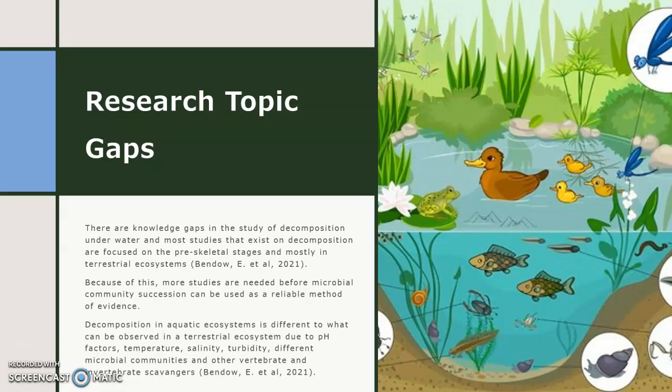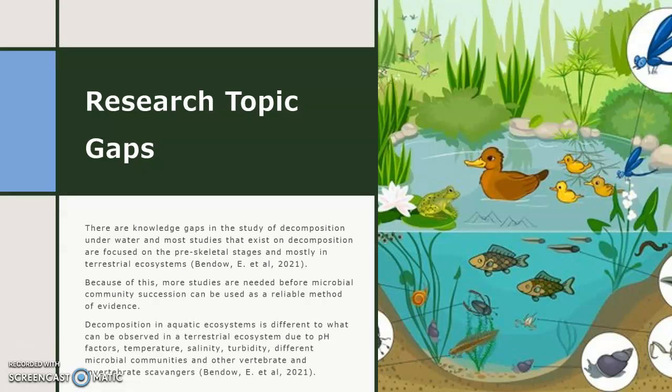Most studies have been about the previous stages where there's still some flesh, some organs in there. And also most of them have focused on terrestrial ecosystems. Because of that, more studies are going to be required before microbial succession underwater can be used as a reliable method of evidence.